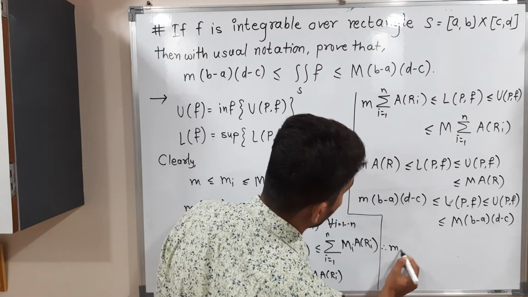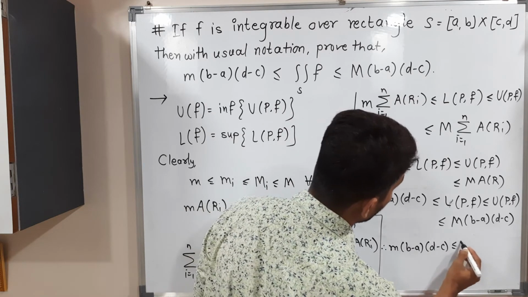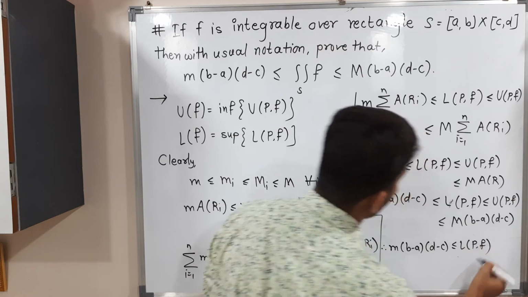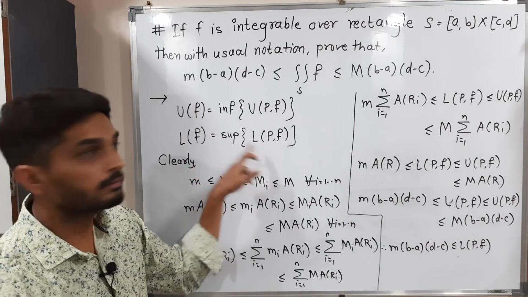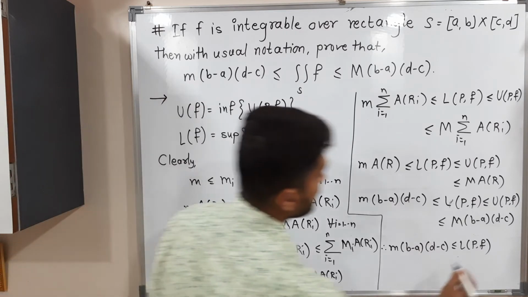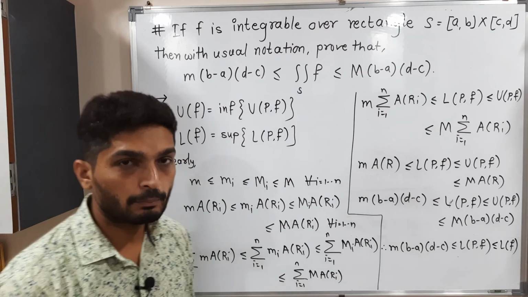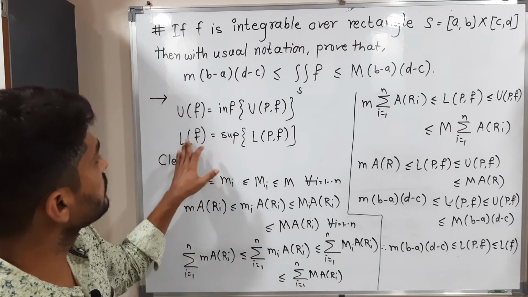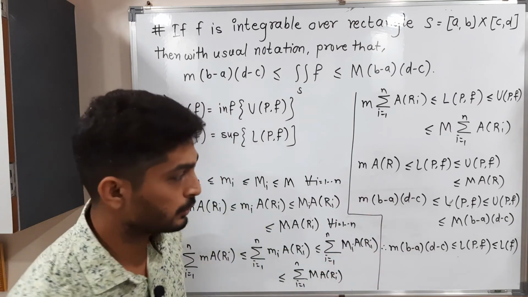Therefore I can write m(B minus A)(D minus C) less than or equal to LPF. But what is the supremum of LPF? LF. That means LF is greater than or equal to LPF. Getting my point? LF is the supremum, so it will possibly have the maximum value.